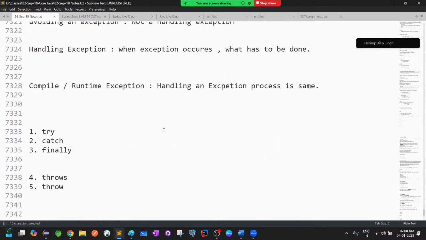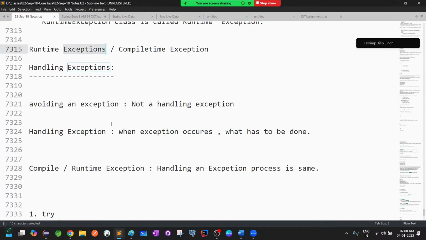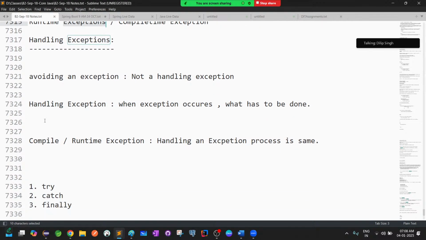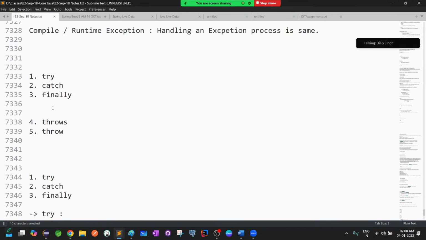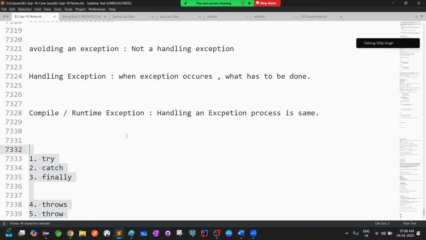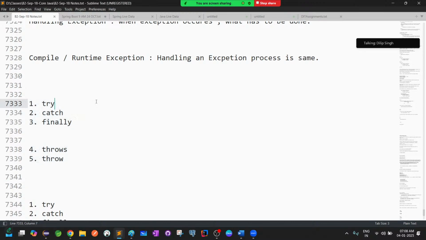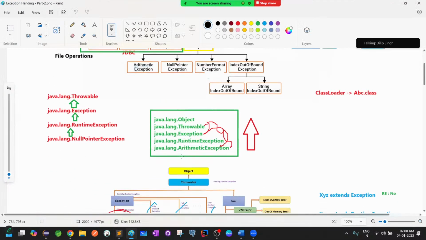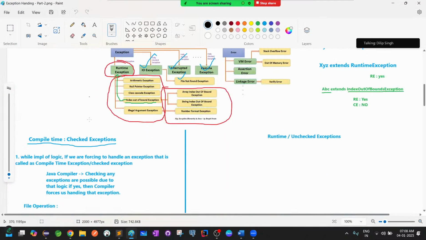After that we started understanding about handling the exception. In the Java language, to handle an exception, we have a total of 5 important keywords, whether it is a runtime exception or a compile time exception. Whenever you want to handle an exception, you have to implement the logic for handling it. Whenever an exception occurs or is created, what has to be done? That is the concept of exception handling.